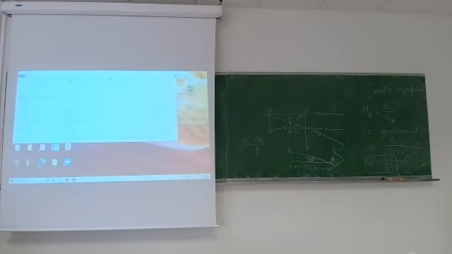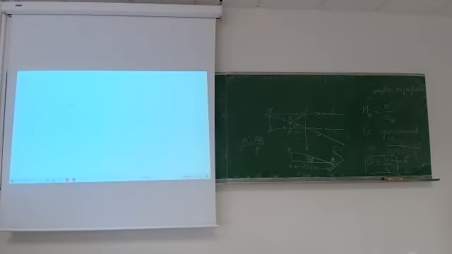So what is myopia? Myopia is an eye defect. I have prepared a presentation about it, nothing important, just the basics about the eye. In an eye you actually have different diopters.